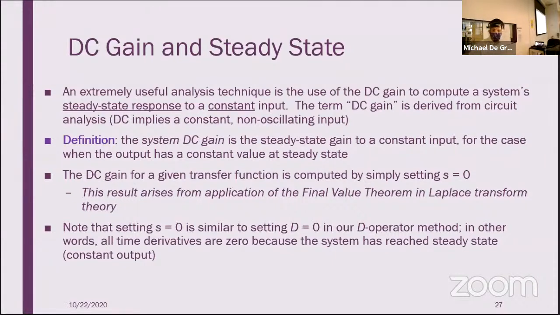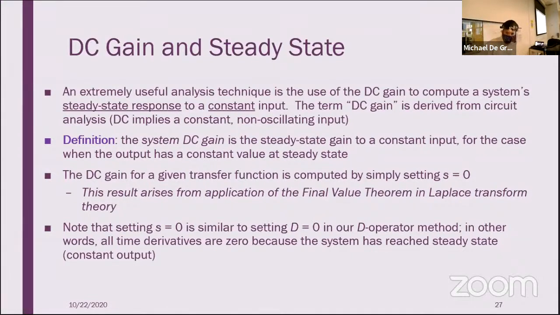So by definition, the system's DC gain is the steady state gain to a constant input. So if we had something like a step, something that is just on, for the case when the output is a constant value at steady state.